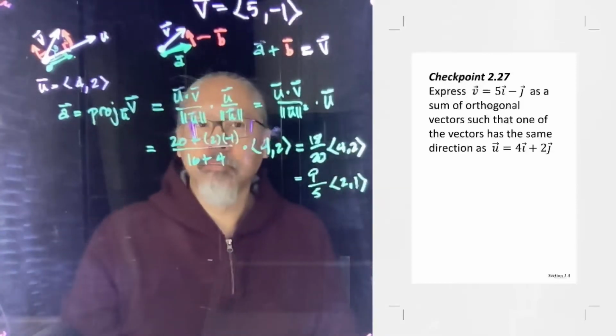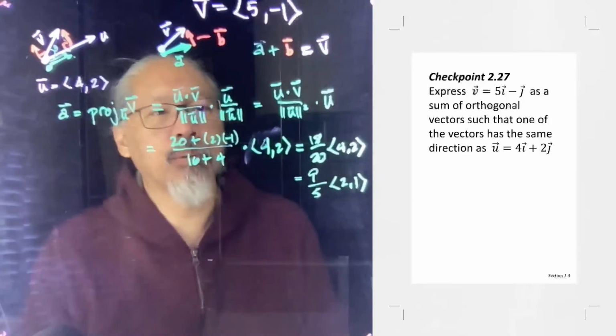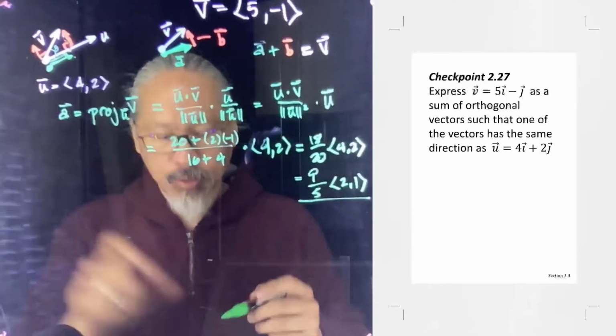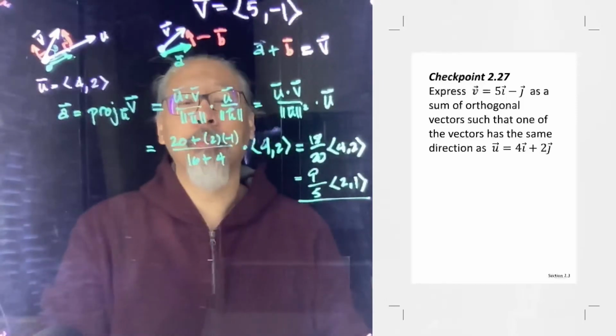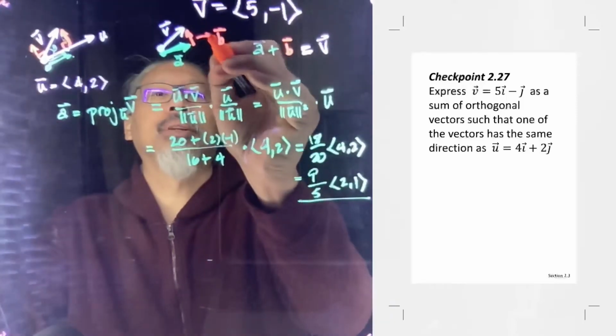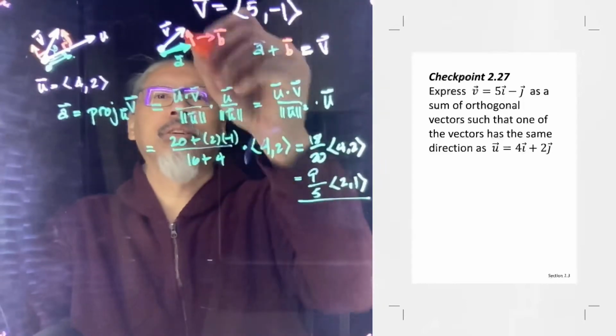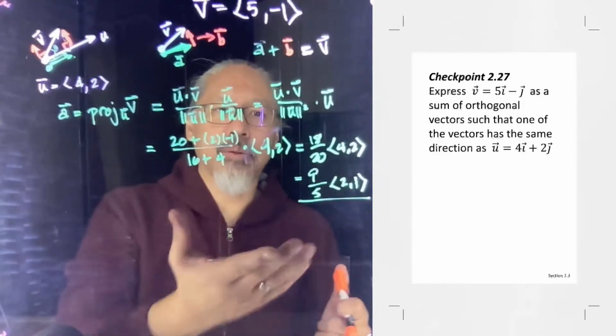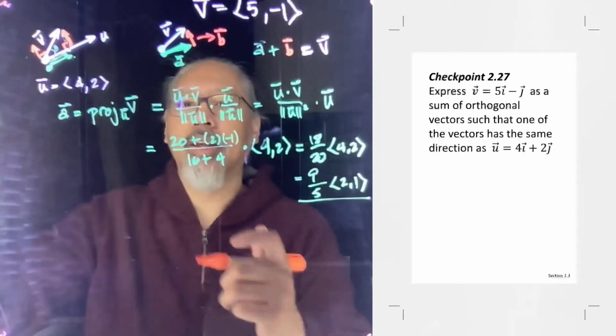Okay, we should double check that to make sure it works out, but this is the vector A that we're looking for. Now to find B is really just the difference between V and A. We know what V is, we know what A is, we just found A, so we should be able to figure that out.